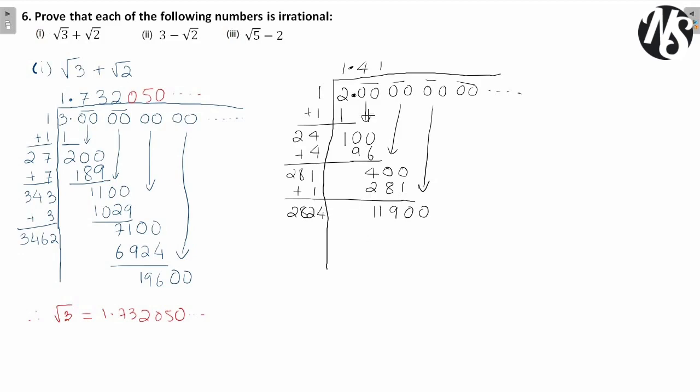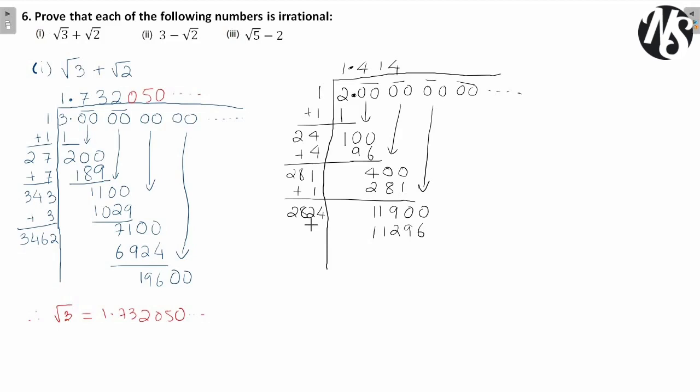Should I put 4? If I put 4 here, I need to put 4 here. So 4 into 2824 is going to be 11296. You can verify: 4 into 4 is 16, carry over 1, 4 into 2 is 8 plus 1 is 9.